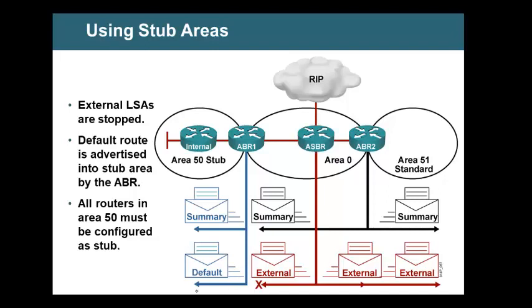You see, the other area routes are coming as type 3. But external type 4, which is coming from RIP, 4 and 5 is denied. Instead of those, type 4 and 5, you got what? Default. From the ABR. See from where it originates.